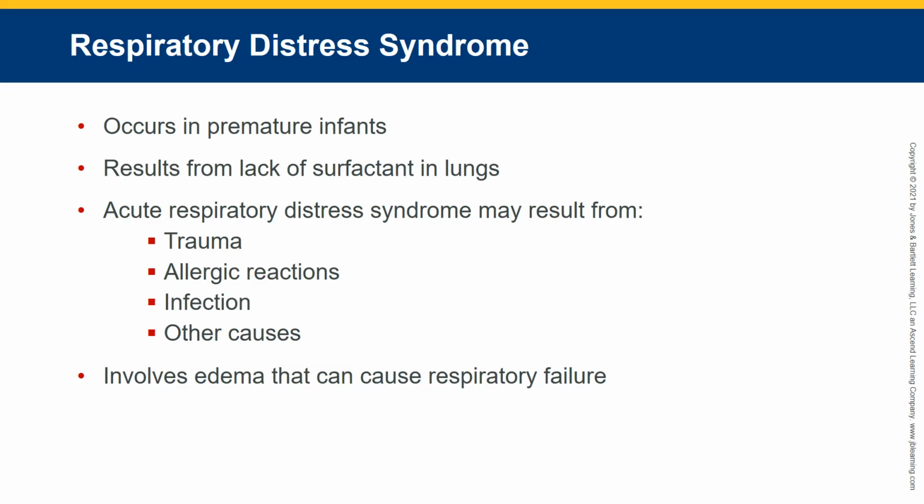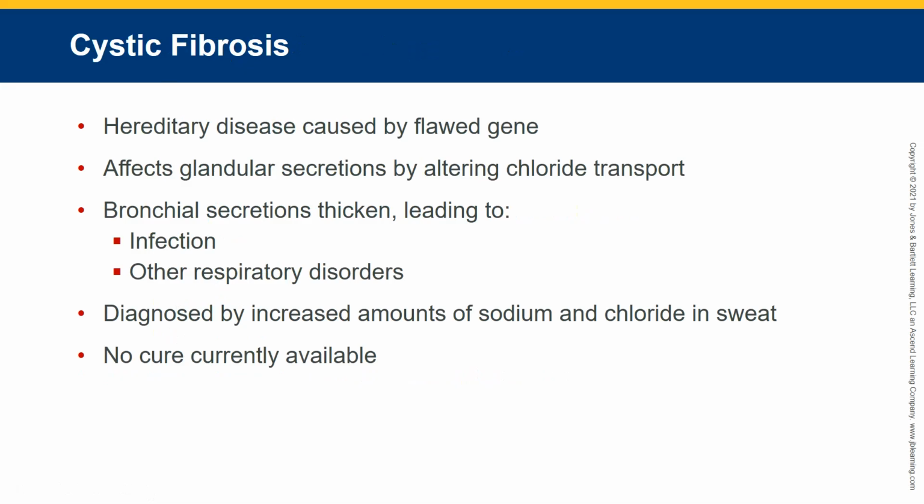Lots of things can cause respiratory distress besides just prematurity: trauma, allergic reactions, infections. But basically it causes an edema, a swelling that makes it so the infant doesn't live. They go into respiratory failure. You have to have this surfactant letting your lungs expand and contract.